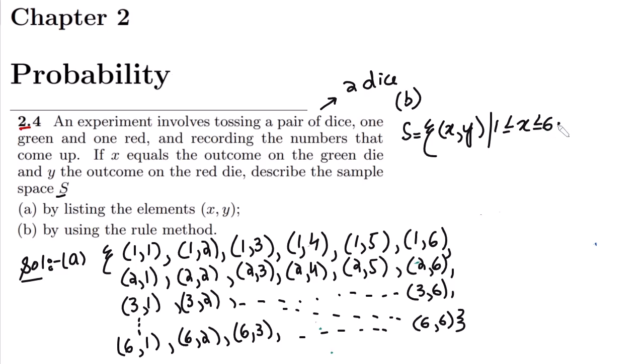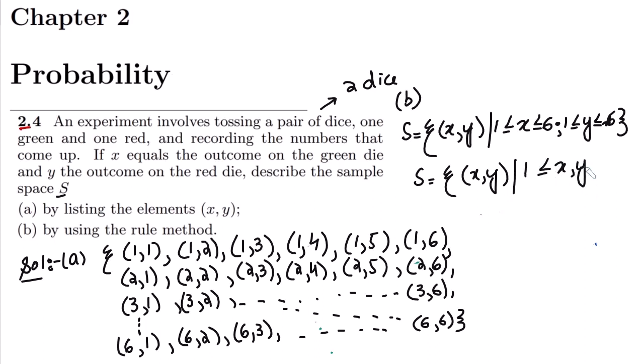Similarly, I also have another element Y, which should be greater than or equal to 1 and less than or equal to 6. So that is basically the sample space S. Similarly, I can also write it like (X, Y) such that X and Y both are greater than or equal to 1 and less than or equal to 6.